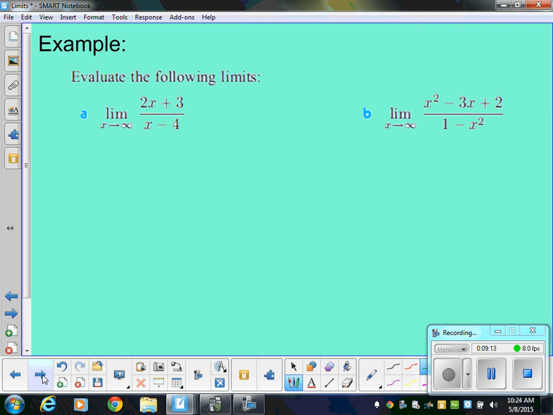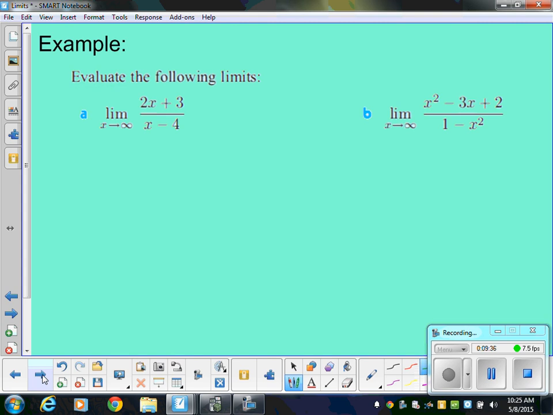Now, to infinity for any problem, what you're going to do is divide. This is a simple trick, an informal trick of doing limits. We'll do the formal part next year. The informal trick of doing limits is simply dividing all parts of the function by the largest power of x from the denominator.